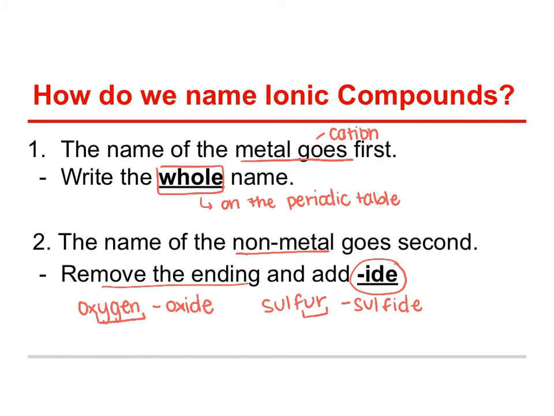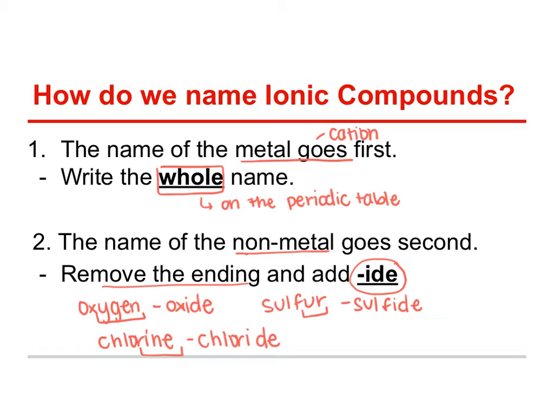If it was chlorine, you take off the -ine and change it to chloride. So you can see that it's different depending on what ending you have. And so we will get used to them as we use them more.